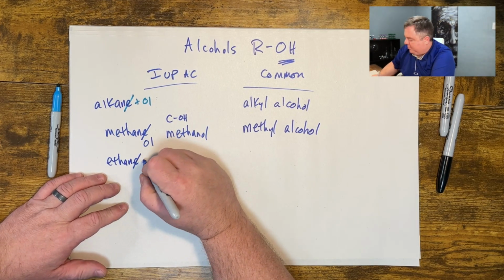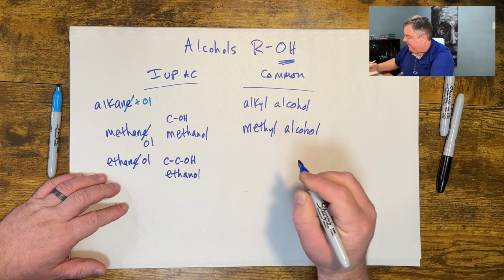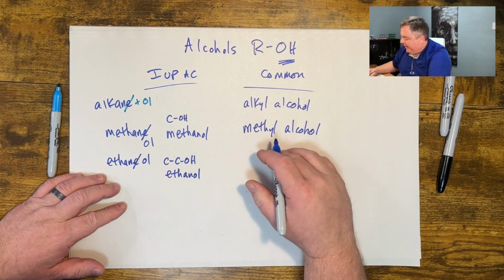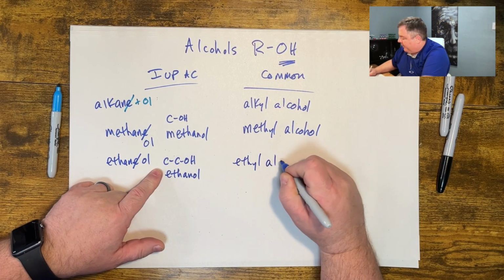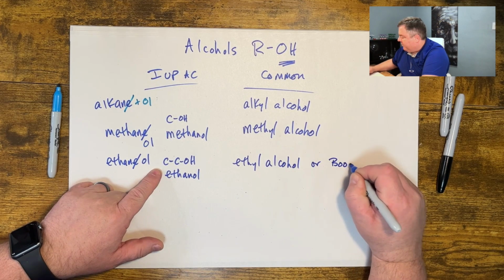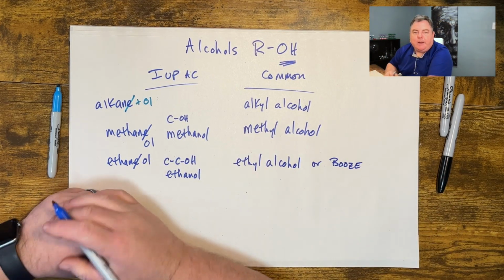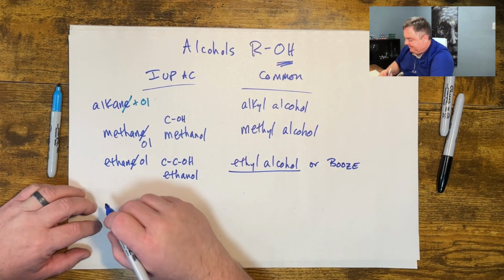Remove the E, put "-ol" on the end. So this is ethanol. And the common name for this would be, 2 carbons is an ethyl group, ethyl alcohol. Or this is also drinking alcohol or booze. But this is ethyl alcohol.